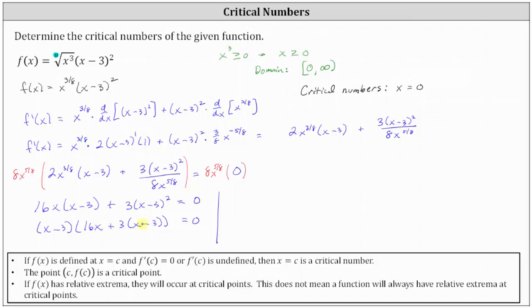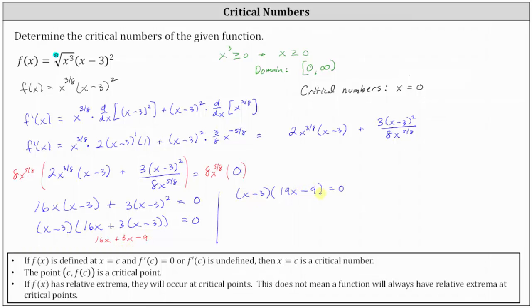And now to clear the parentheses within the second set of parentheses, which gives us the quantity x minus 3 times 16x plus 3x minus 9, and 16x plus 3x is 19x, giving us 19x minus 9 equals 0. Again, if I lost you there, we have 16x plus 3x minus 9, giving us 19x minus 9.